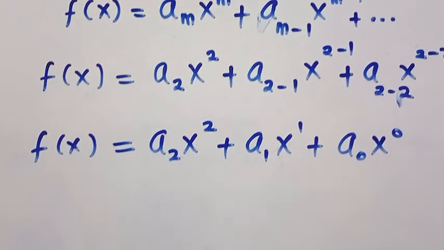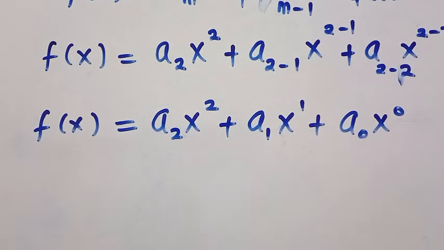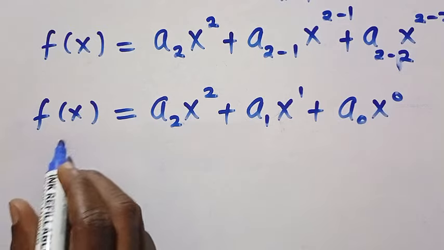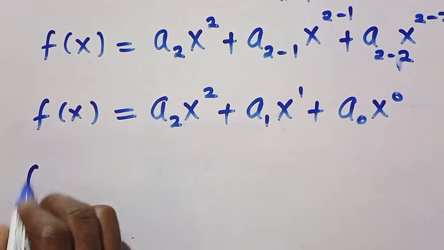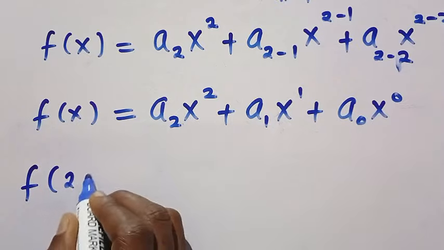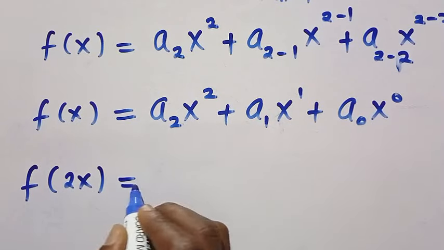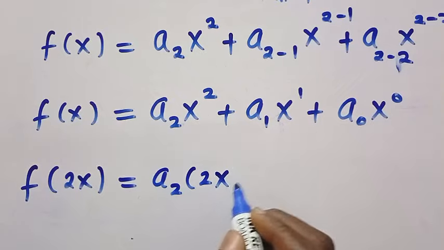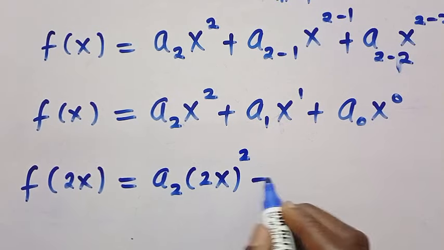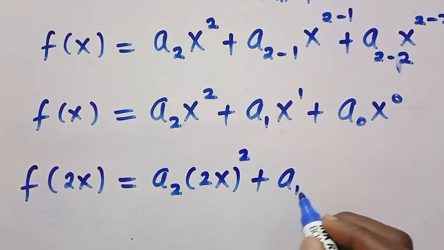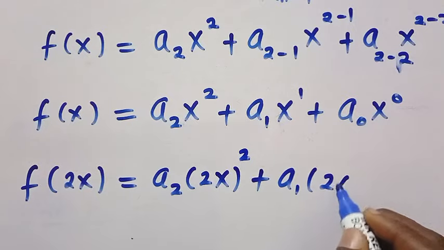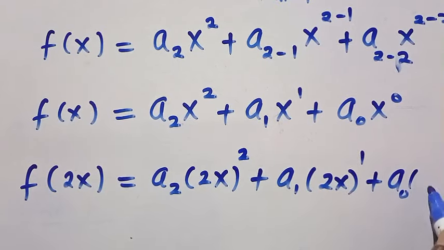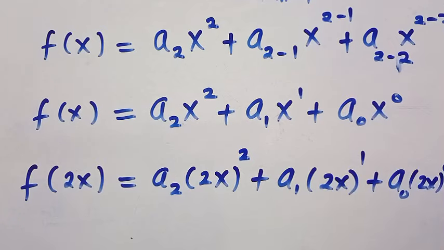Then we are going to find f of 5x and f of 2x. To start with the smallest, suppose we change this x to 2x, we have f of 2x equals a2 into bracket of 2x raised to the power 2, plus a1 into bracket of 2x raised to the power 1, plus a0 into bracket of 2x raised to the power of 0.